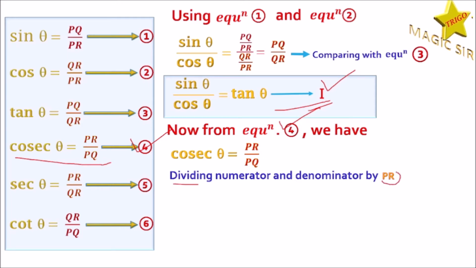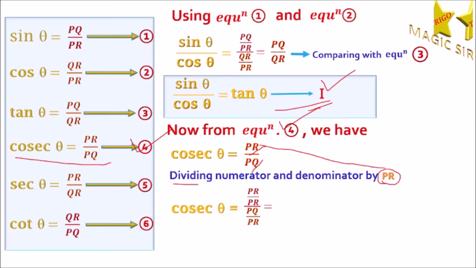Now from equation 4 we have cosec theta is equal to PR upon PQ. Dividing numerator and denominator by PR, we have cosec theta is equal to PR upon PR, and here PQ upon PR.